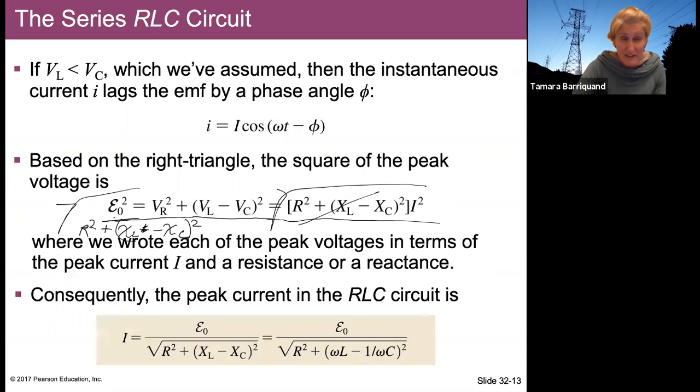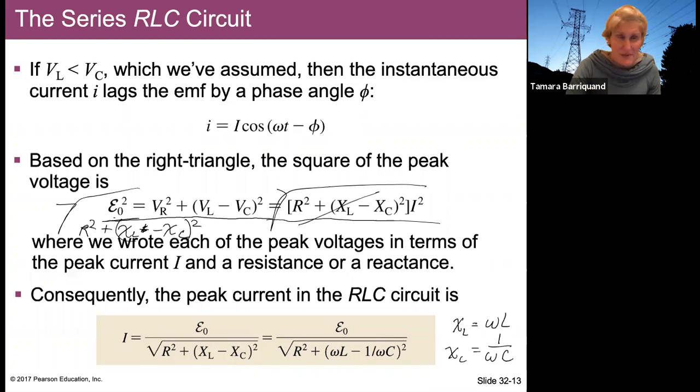We end up getting that the peak current is EMF naught over the square root of R squared plus the quantity (X sub L minus X sub C) squared, where X sub L is equal to omega times L, and X sub C is equal to 1 over omega times C. So that's how we can get the peak current in an RLC circuit.